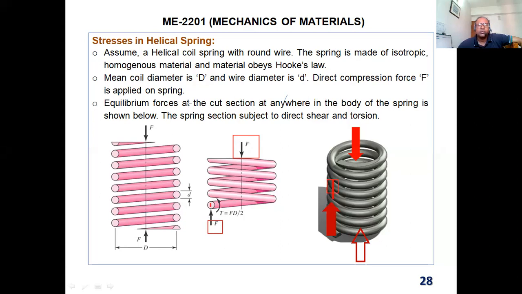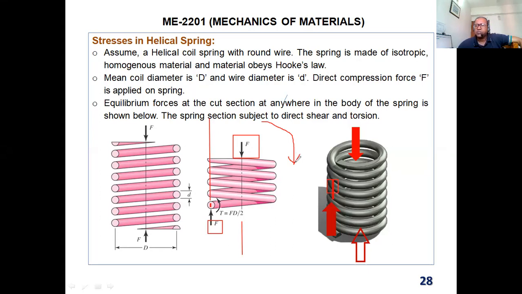Now these two forces are offset by some distance, because one works upward through this line and the downward force works along this line. So these two forces try to tilt the spring in the clockwise direction.